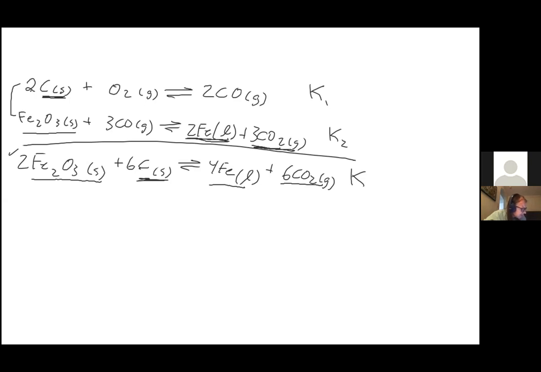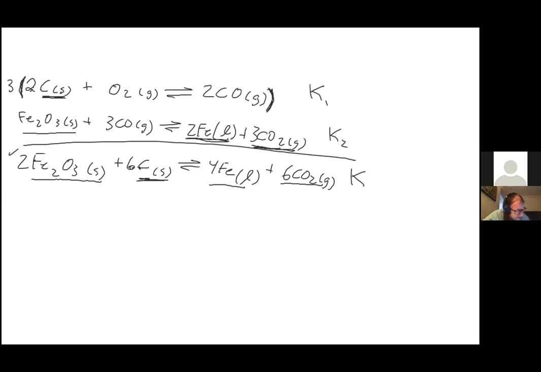And you see how you have Fe2O3 here, but you have 2 of them here. So here's what I'm going to do. I'm going to do a little manipulation of these top 2 equations. I have 2 carbons here. I want to have 6 in my overall equation. So I'm going to multiply that by 3. I'll put this in parentheses, and then we'll see if that helps.